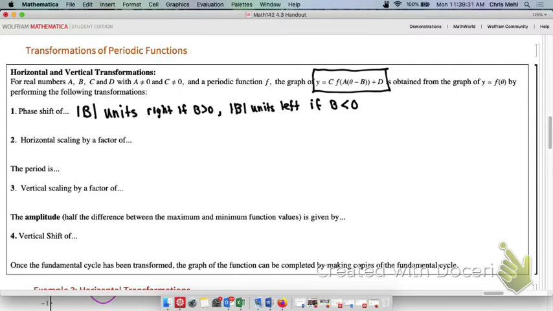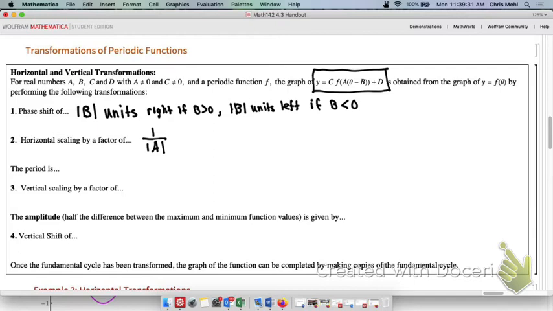Okay, capital A tells you what kind of horizontal scaling you're going to do. You're going to do a horizontal scaling by a factor of 1 over the absolute value of A. Of course, if A is negative, you also do a horizontal reflection.